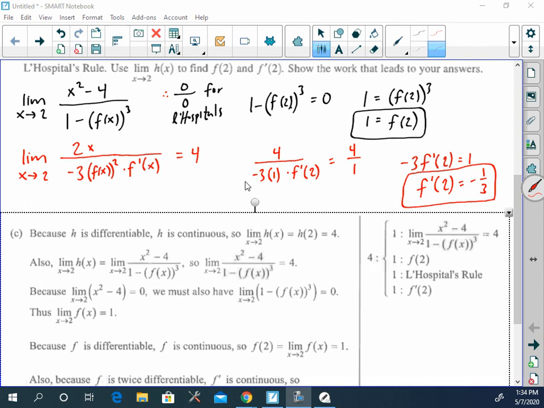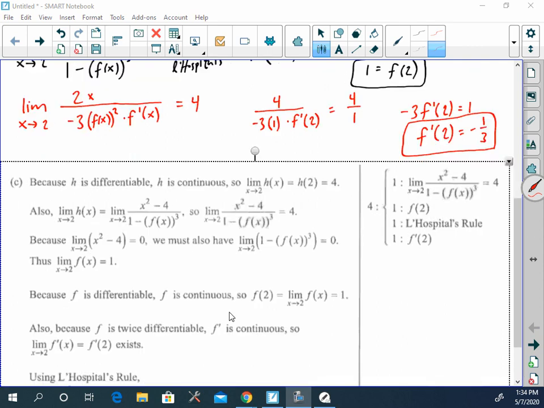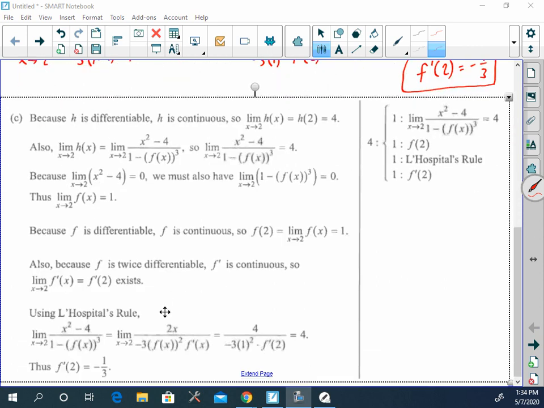Really, I said the limit's going to equal 4. I just did it after that first step. So I would get this point right here. F of 2 is equal to 1. That's another point. Obviously, the f prime of 2 equals negative 1/3. That's another point. And then doing L'Hopital's rule correctly, where you get 2x in the numerator and you apply that chain rule and everything. So you do the derivative of the numerator and the derivative of the denominator. That's going to give you your last point there.